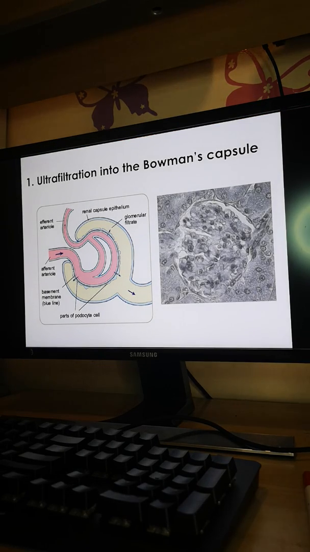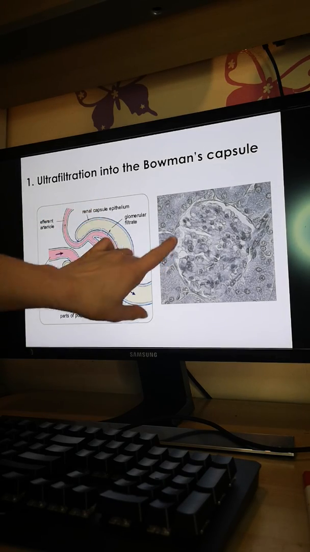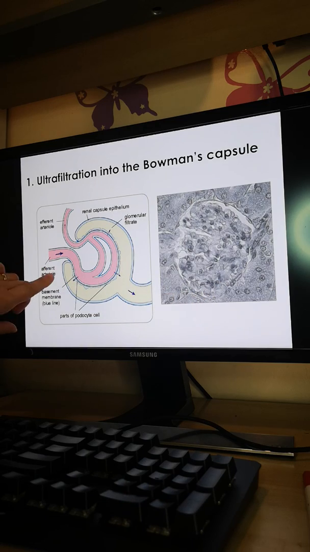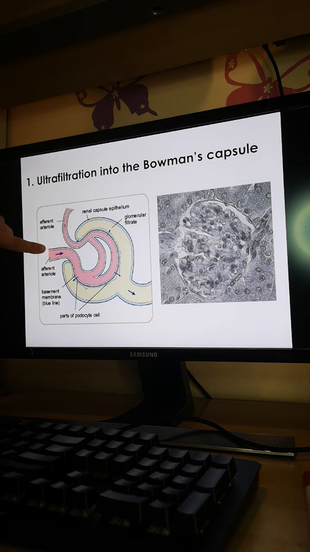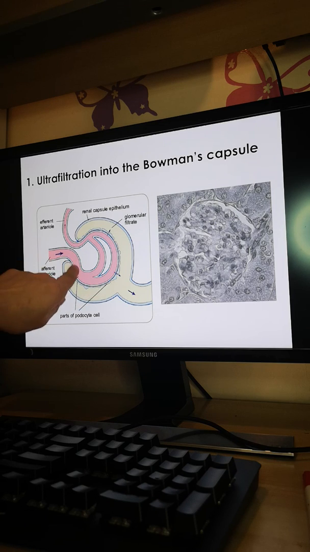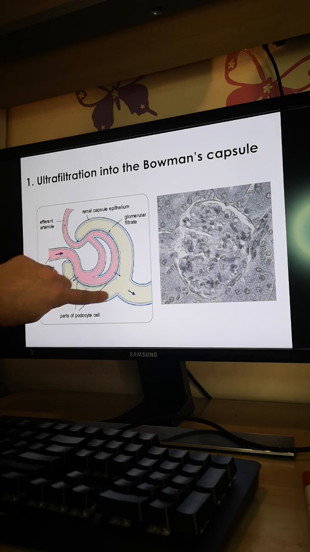Okay, so if you look closely at the Bowman's capsule, and this is a microscope image, you can see that you've got this dense capillary network. You see the red blood cells, and we can see clearly then that the vessel supplying is much wider than the vessel taking the blood supply away from this glomerulus, this special capillary network that sits within a Bowman's capsule.